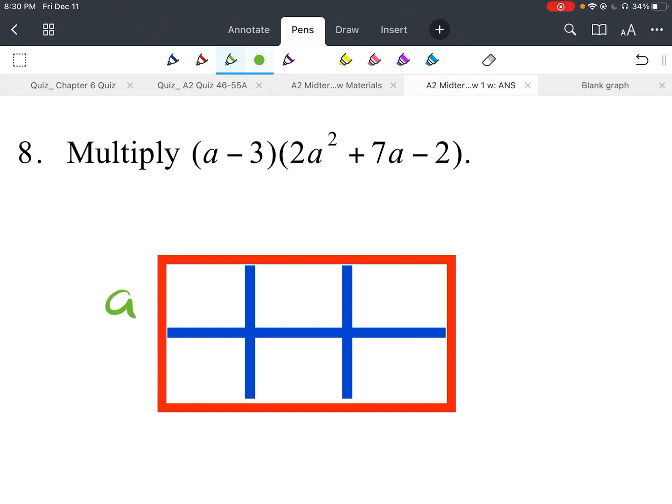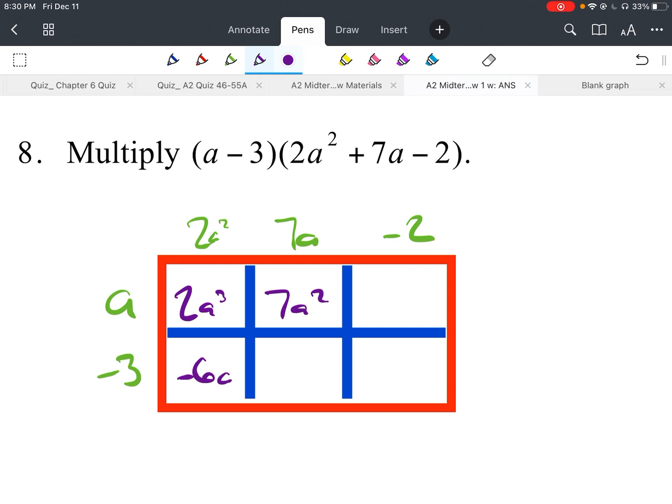So do a and negative 3 here, do 2a squared, 7a and negative 2 here, and now just fill in the box. How hard is that, right? So this is 2a cubed, and this is 7a squared, and this is negative 6a squared, and this is negative 21a, and this is 6 down here, negative 2a.